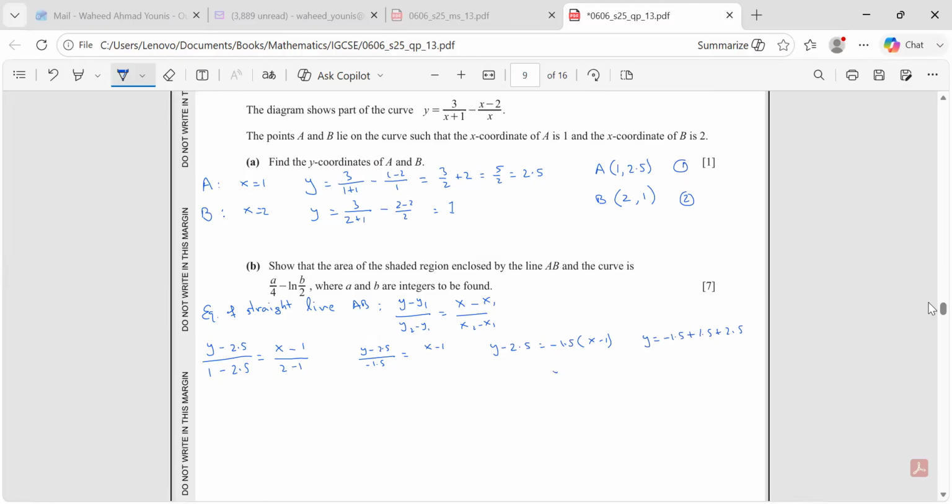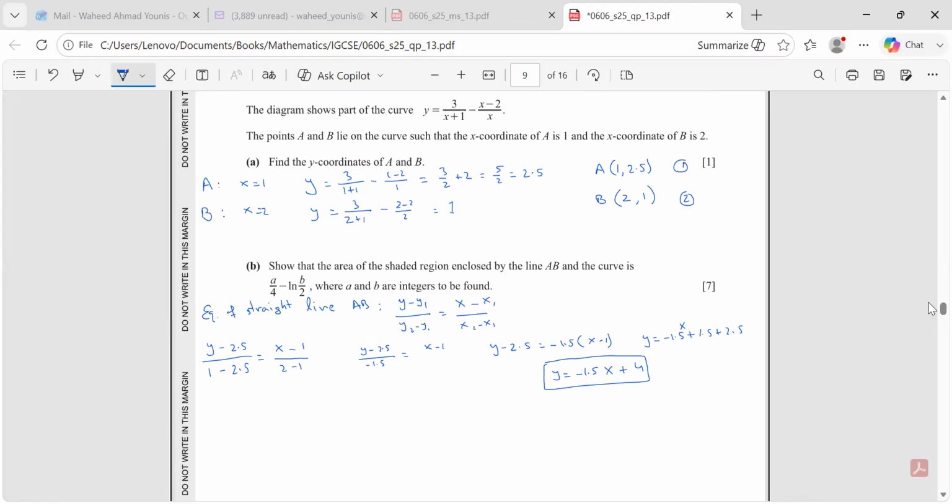So the equation is y equals minus 1... sorry, I have x here as well. So minus 1.5x and plus 4. So this is the equation of the straight line AB.